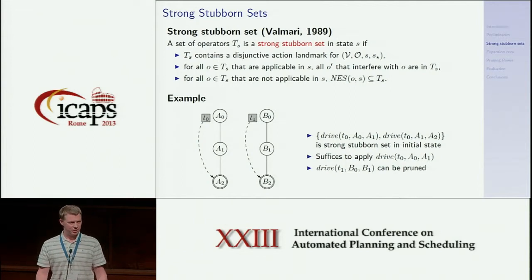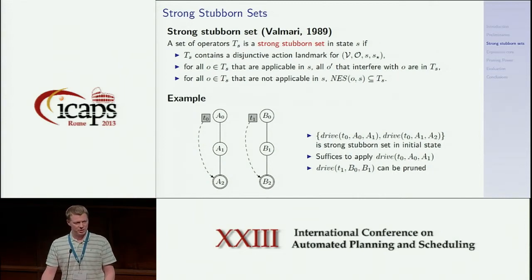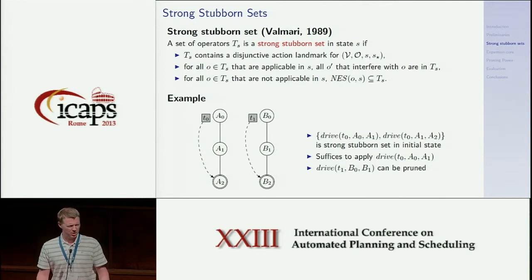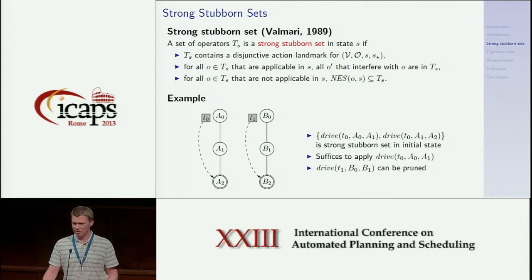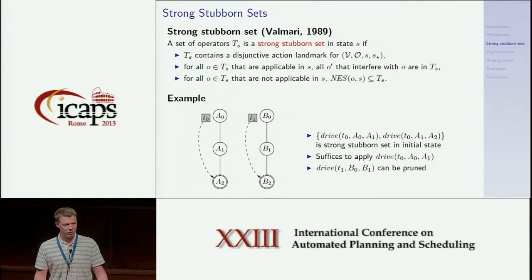As I've said, they have been proposed in 1989 by Valmari. Strong stubborn sets impose constraints on sets, and all operator sets that satisfy these constraints are called strong stubborn sets. Let's go through the definition, and then let's have a look at this example afterwards. A set of operators Ts is a strong stubborn set in the state S if, first of all, Ts contains a disjunctive action landmark.